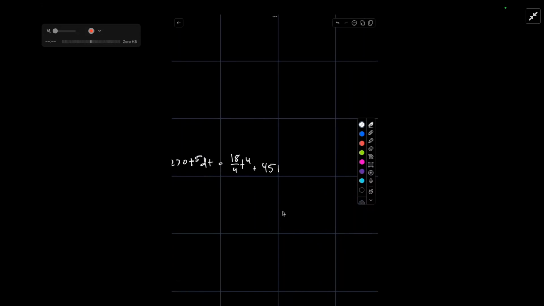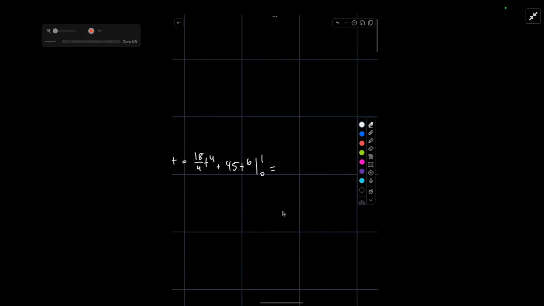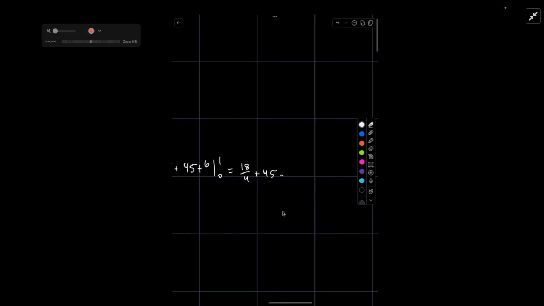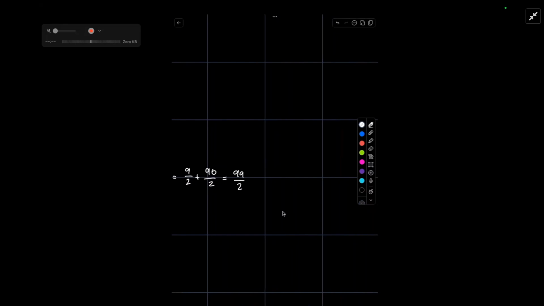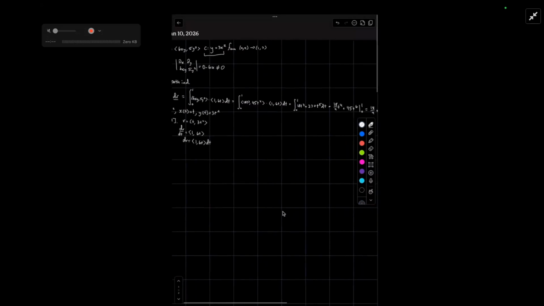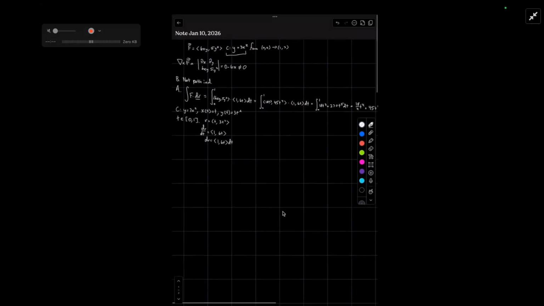Yeah, 45 t to the 6th, running from 0 to 1, which gives us 18 over 4 plus 45, which is the same thing as 9 over 2 plus 90 over 2, which is 99 over 2, which is our final answer for part A. So our answers are A, 99 over 2, B, not path independent. Thank you.